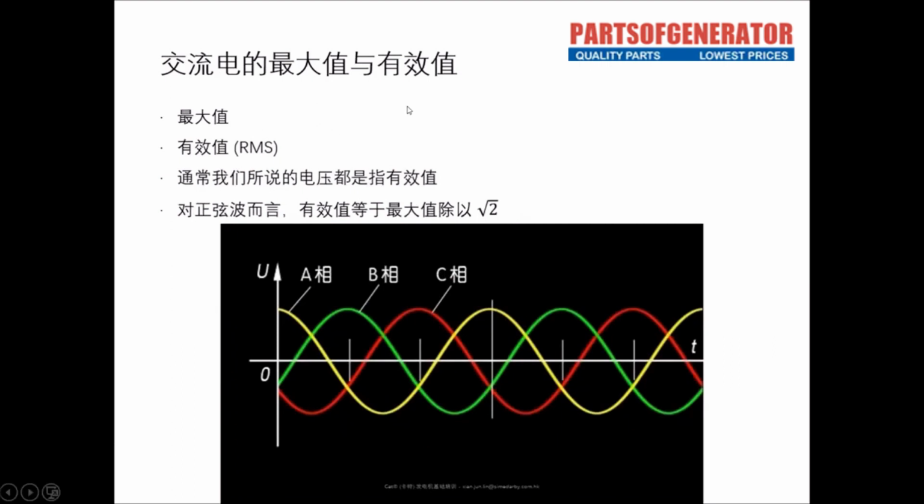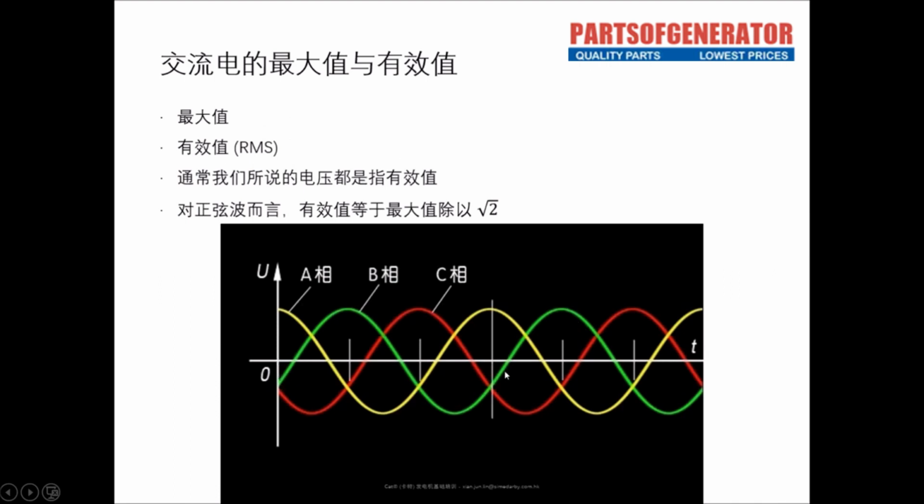To understand the technical performance of a generator, we need to look at it from three aspects. This is the winding. The way of winding: is it a die-wound coil or a scattered coil? The second aspect is the excitation method.